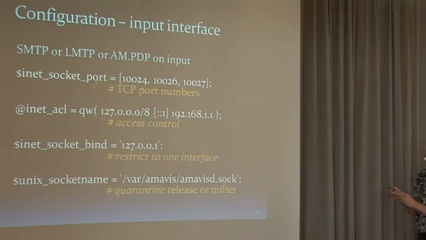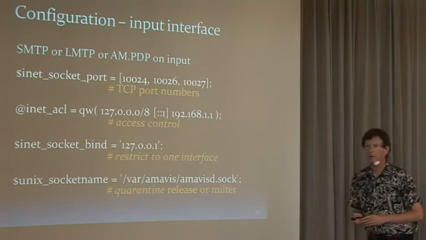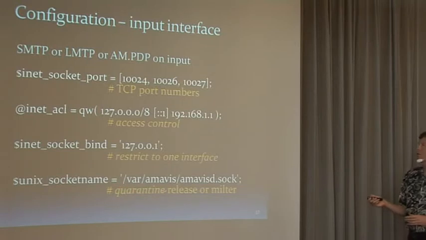And apart from iNet socket, there's also Unix socket, which is mainly used to run this protocol on. But in principle, you could run SMTP on this interface as well, and also you can run this protocol on iNet sockets. Yes. Are there any efforts on making the configuration easier for people who don't understand Perl?